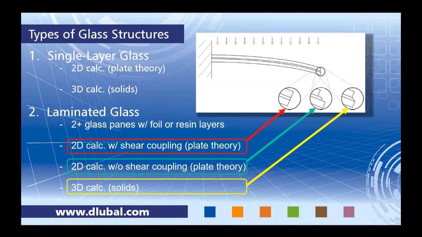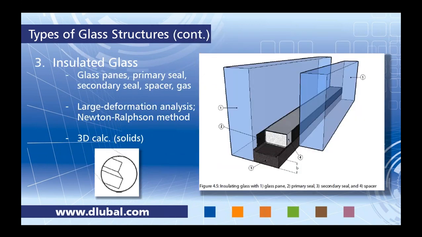From this picture, you can see that we can accurately get the shear coupling behavior based on the stiffness of all the intermediate layers. Like I said, this is certainly the most accurate option. A downside to this, though, is that your solve time will be longer than typical plate theory. Now, the third option is insulated glass.